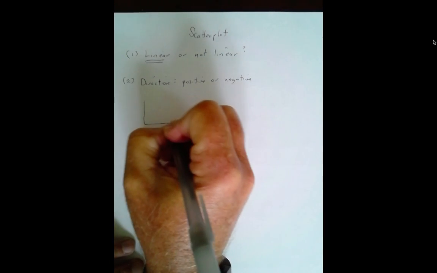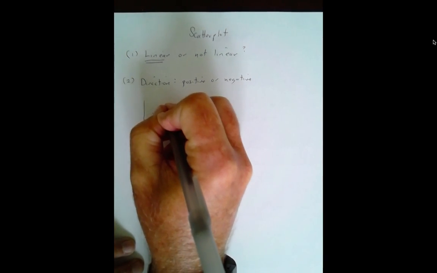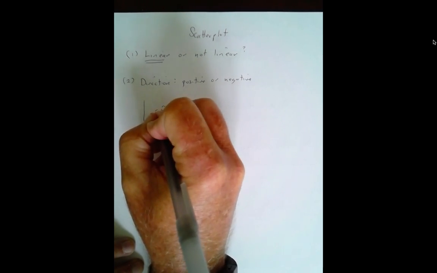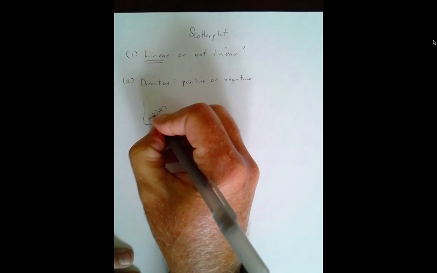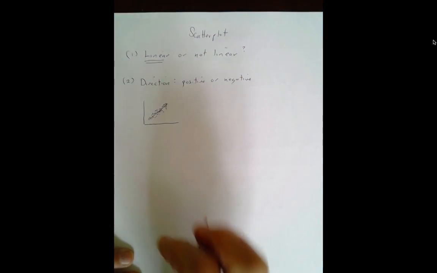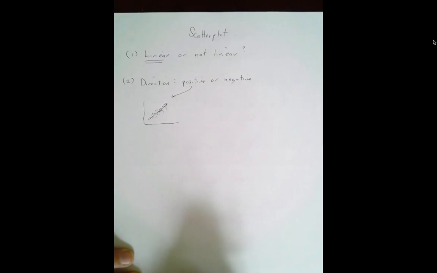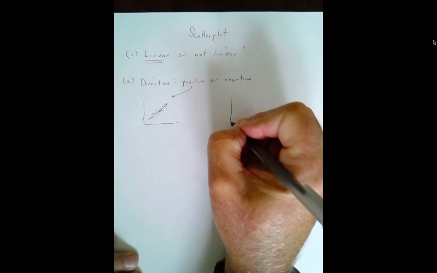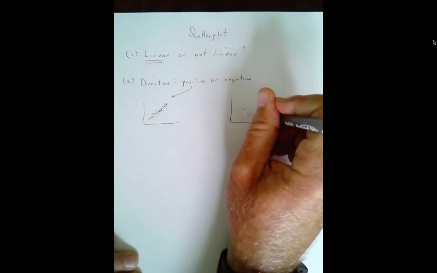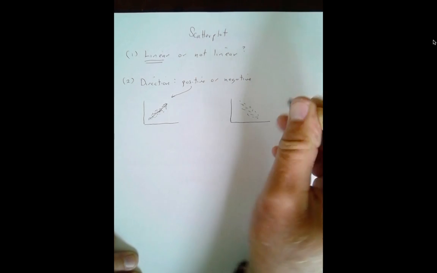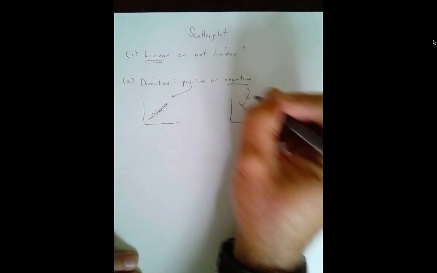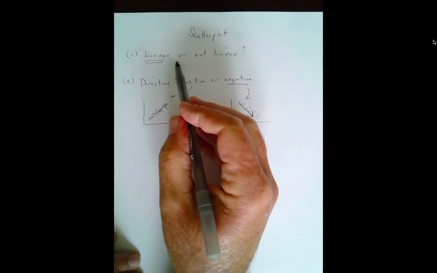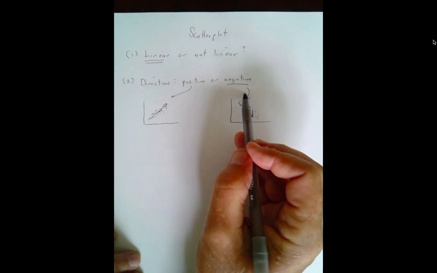If we have a linear trend, the dots form some sort of shape. If we have a trend that rises to the right, then we call that a positive relationship. On the other hand, if we have data that falls off to the right, then we call that a negative relationship. So linear or not linear, positive or negative.